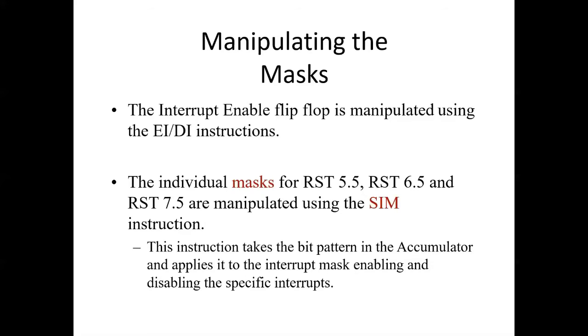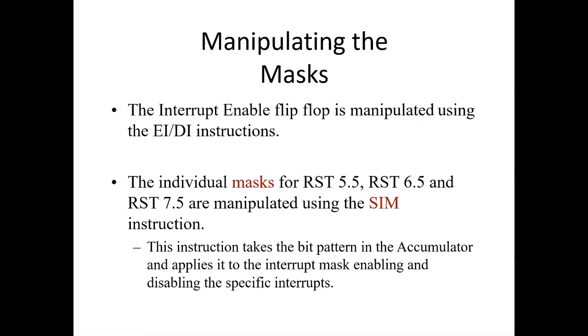When the SIM instruction is executed, how does the 8085 know which interrupt is to be masked or unmasked? The contents of the accumulator decide the action to be taken. Thus, it is essential to load the accumulator with the desired value before the SIM instruction is executed.